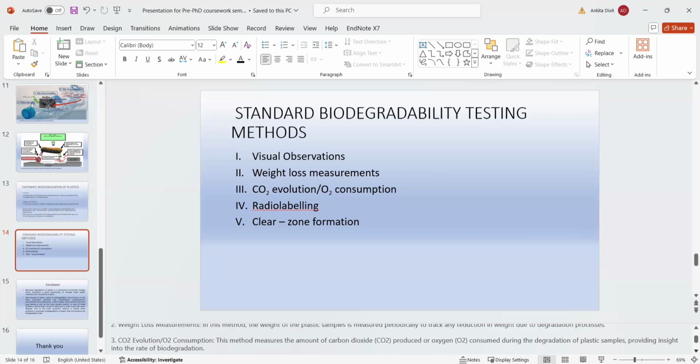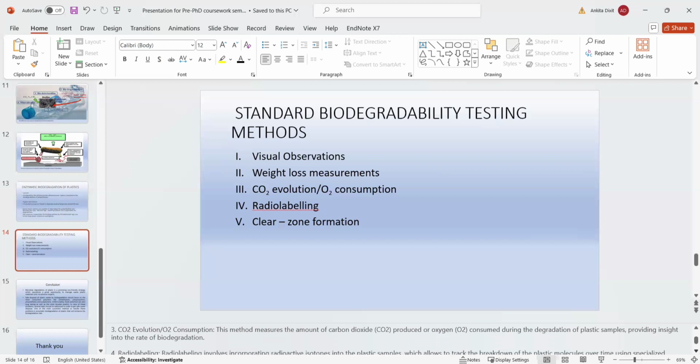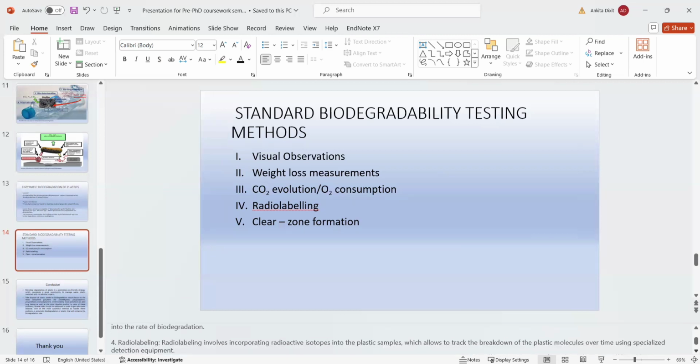Then CO2, carbon dioxide evaluation, and oxygen consumption. This method measures the amount of carbon dioxide produced or oxygen consumed during the degradation of plastic sample, providing insight into the rate of biodegradation. Then radio labeling.